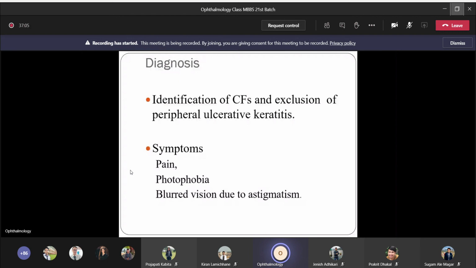Since the periphery of the cornea is involved, and it occurs deep in the cornea, that will lead to astigmatism, and that will lead to blurring of vision. Pain is very important, excruciating pain, especially in the bilateral type of Mooren's ulcer. So pain, photophobia, and blurred vision.